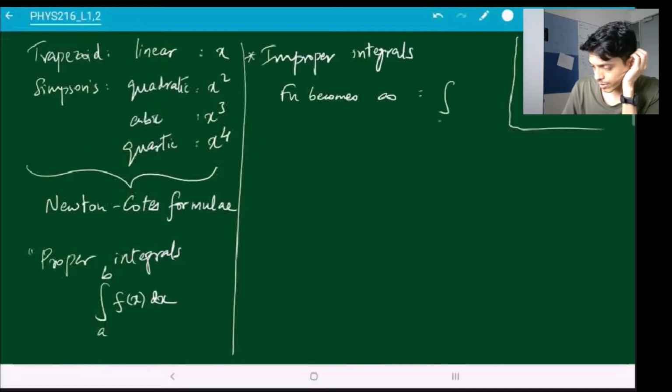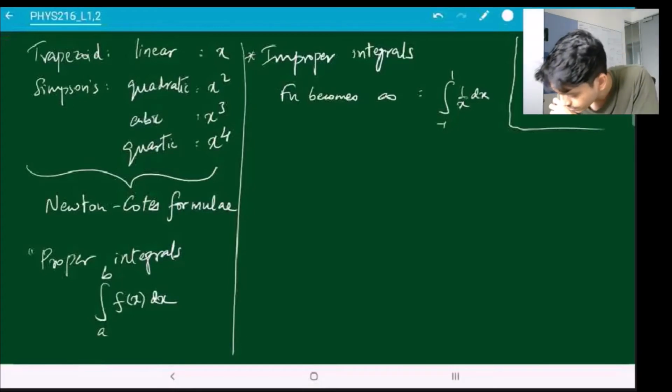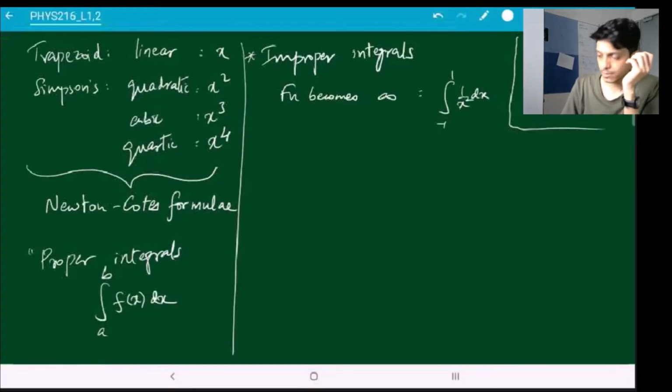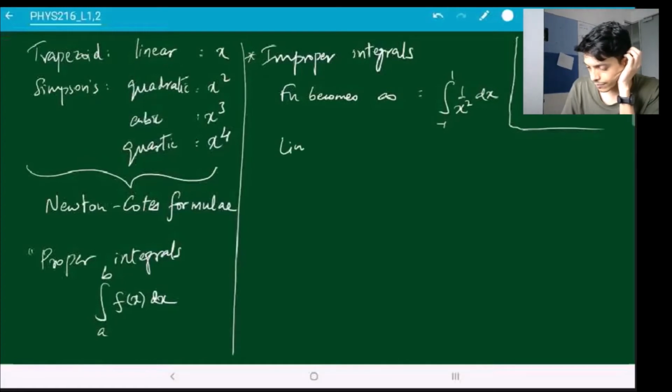For example, you might want to integrate 1 over x squared dx between minus 1 and 1. 1 over x squared, and you know that 1 over x squared blows up at 0. Or you can have the limit becoming infinite. So for example, you might want to do 0 to infinity e to the minus x dx.